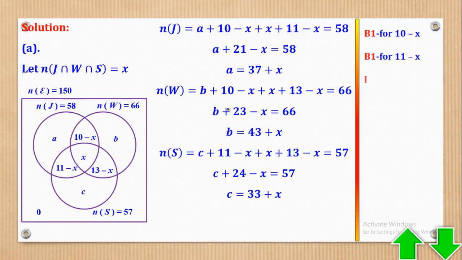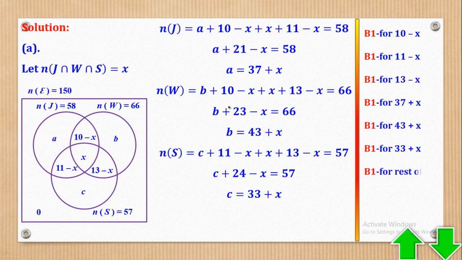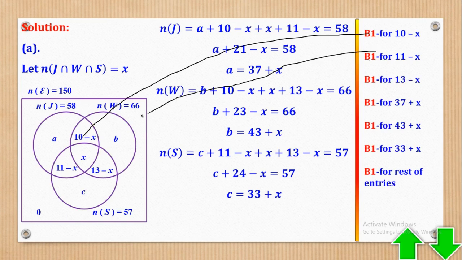But before we go to the next part, let's see how much can be awarded in this part A. B1 for the entry of this x minus 10, another B1 for the entry of this 11 minus x, and one for the entry of 13 minus x.